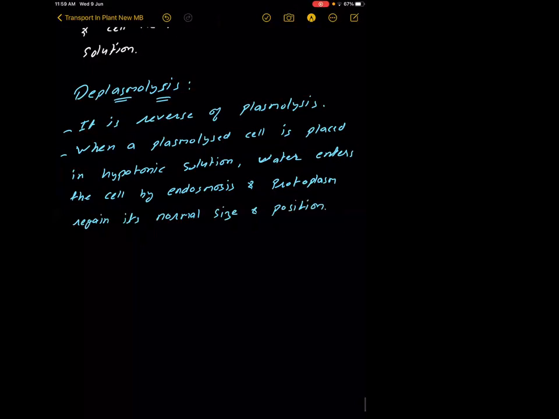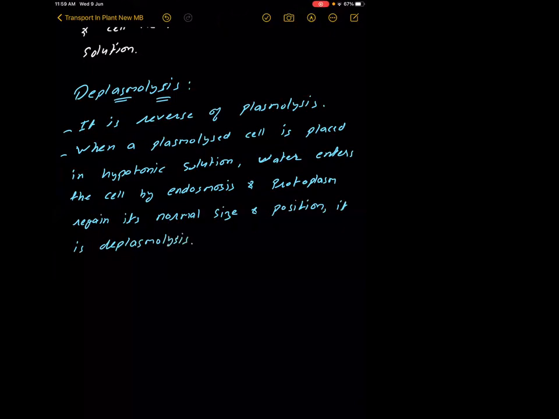So that is called deplasmolysis. It's called deplasmolysis. Clear?